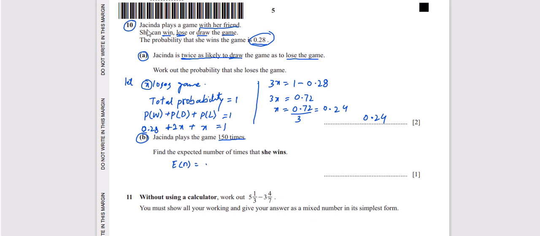The number is 150, multiplied by the probability of a win, that is 0.28. 150 multiplied by 0.28 is equal to 42. So the final answer is 42.